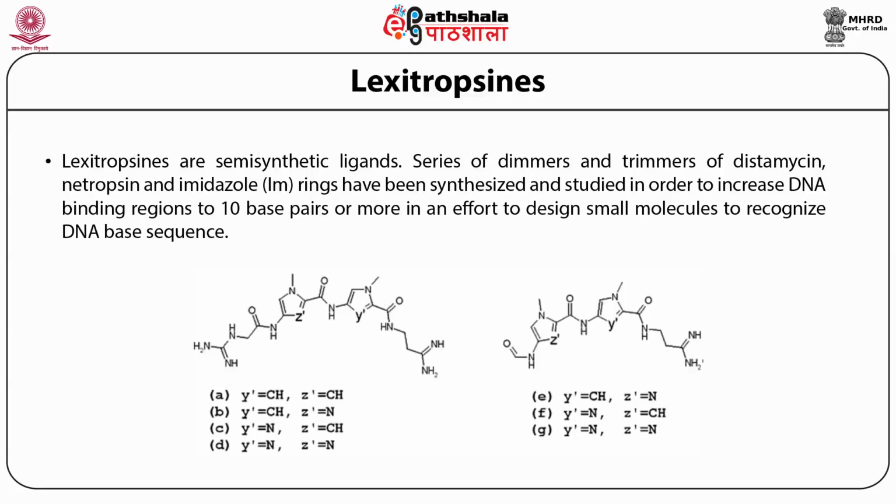Series of dimers and trimers of distamycin, netropsin, imidazole rings have been synthesized and studied in order to increase DNA binding region to 10 base pairs or more in an effort to design small molecules which can recognize any DNA base sequence. This is an art of designing how you can design a specific ligand to recognize any sequence of DNA.